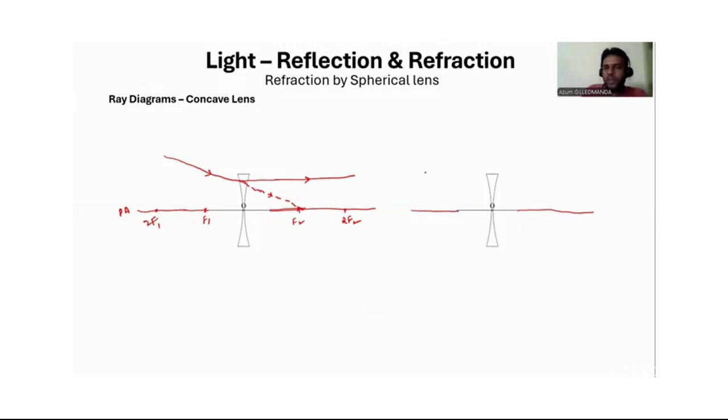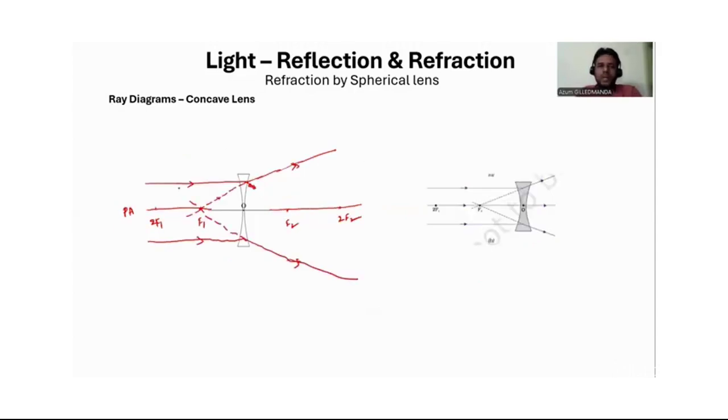Now, same case here, if the light ray is going through the center of the lens, it goes undeviated. This is the same in both concave and convex lens. So these are all concave lenses, right? Three scenarios.